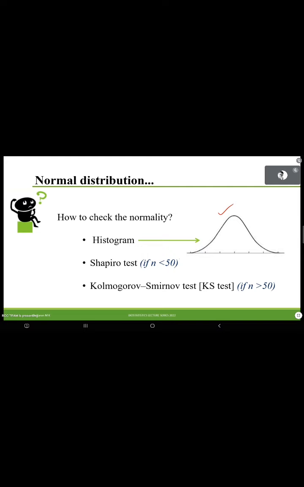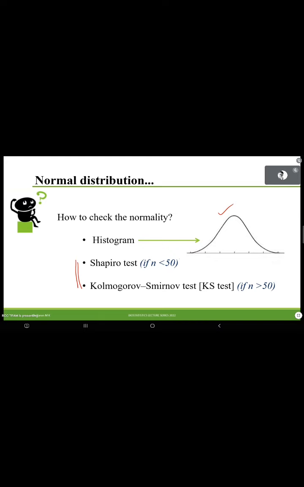So the main point I want to convey to you all is that whenever you have a data set, you should check the normality of the same. How are you going to check? You can go for this method. Just plot a histogram, look at the shape. If the shape is exactly bell-shaped, you can say your data follows normality. Otherwise, you can go for the confirmatory tests known as the Shapiro test and the Kolmogorov-Smirnov test.